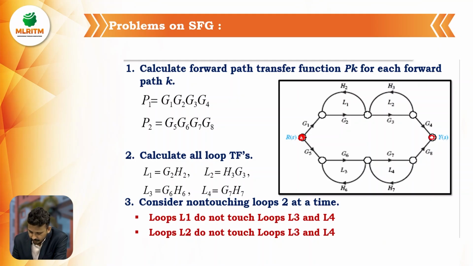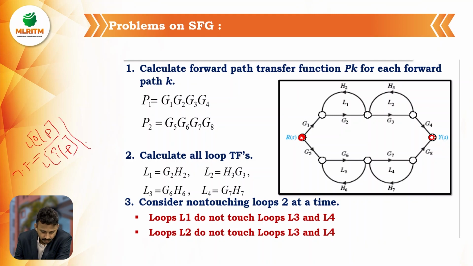So the signal is traveling from input to output. The ratio of output to input is called the transfer function: the Laplace transform of output to the Laplace transform of input with all initial conditions equal to 0.